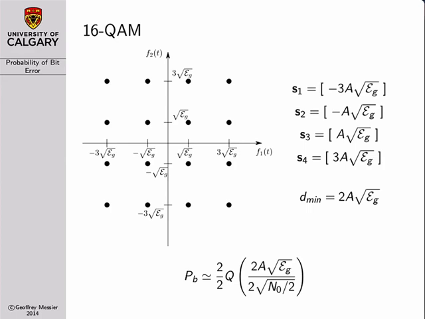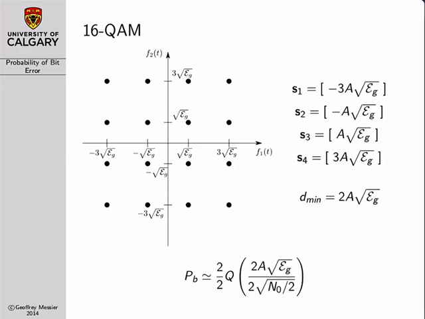And so when we derive the probability of error for 16 QAM, we basically just say, okay, this is equivalent to 2 PAM modulators working in parallel, each one working on an orthogonal basis function. The performance of these 2 PAM modulators is going to be exactly the same. And the overall bit error rate performance for 16 QAM is exactly the same as the performance for 4-ary PAM.